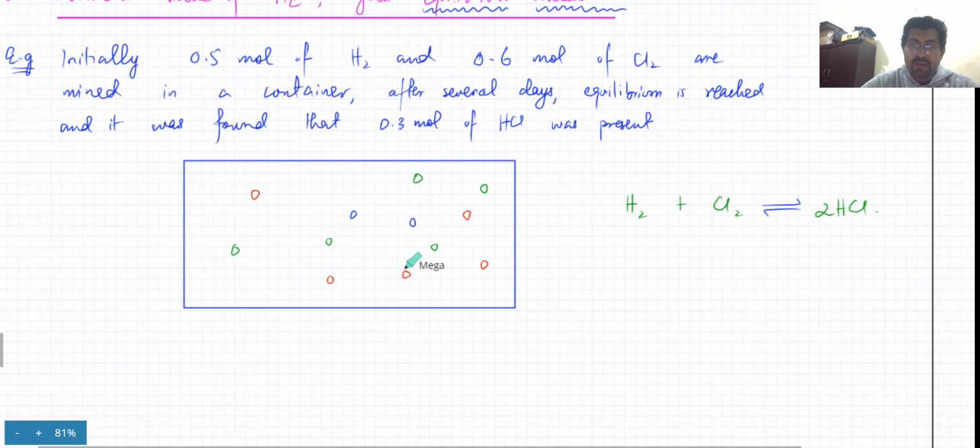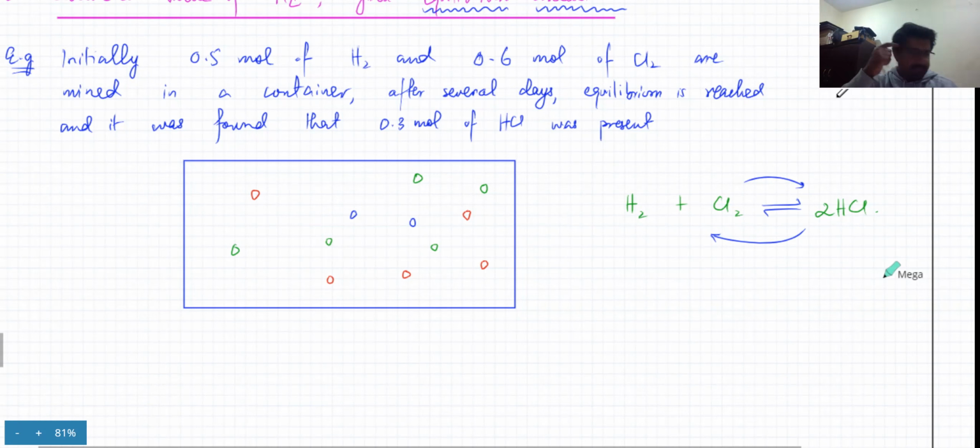At the end of the day, you're going to get a mixture which contains HCl molecules, Cl2 and H2. The forward reaction would be happening, HCl would be produced, and at the same time, HCl would decompose to form H2 and Cl2 back again. Okay? Does this make sense? Is this clear? Yes. Is this clear?